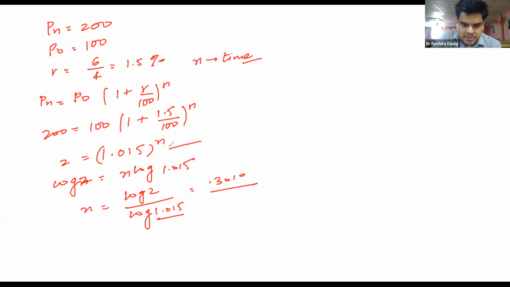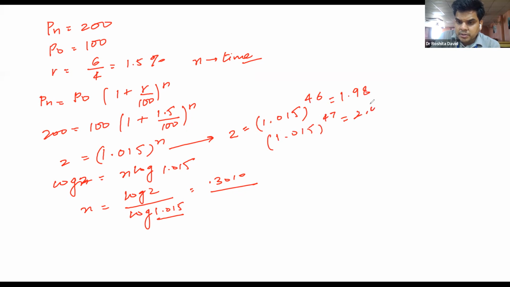So if I can see from here, yeah, I know the answer of this. Actually, if I consider 1.015 to the power n, 1.015 to the power 46 is some 1.98, and 1.015 to the power 47 is going to be 2.01. So I wanted 2 only, so at least 47 is required to reach 2.